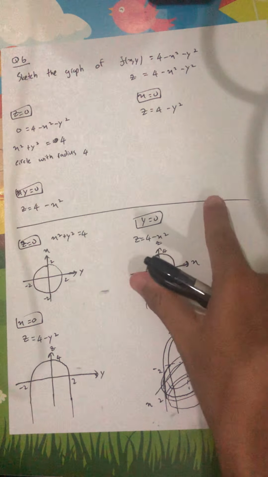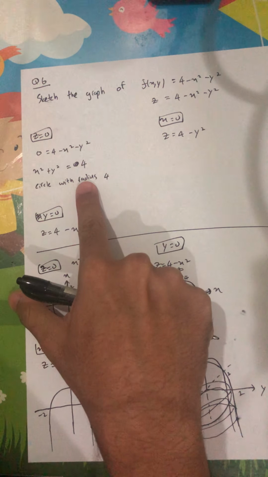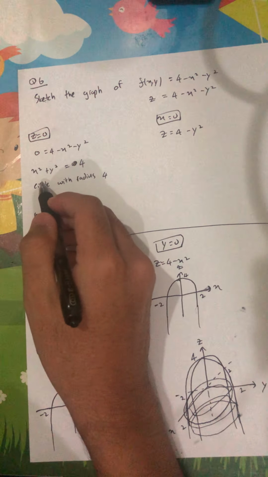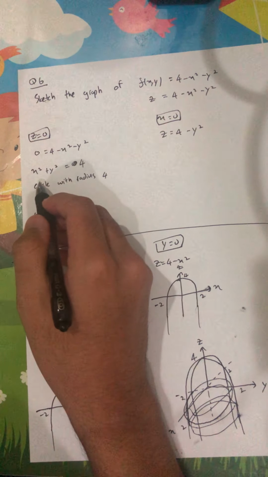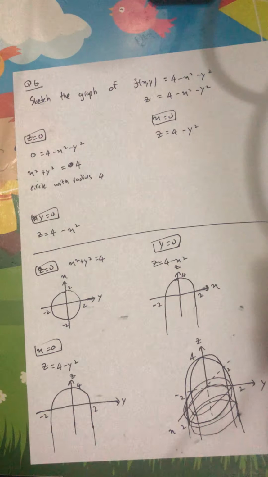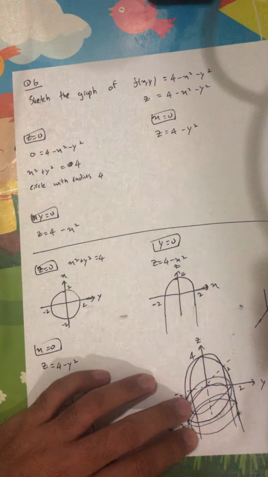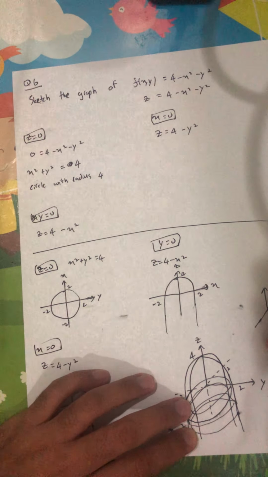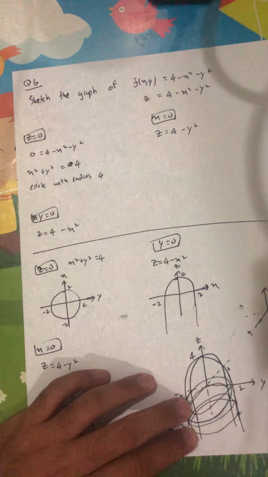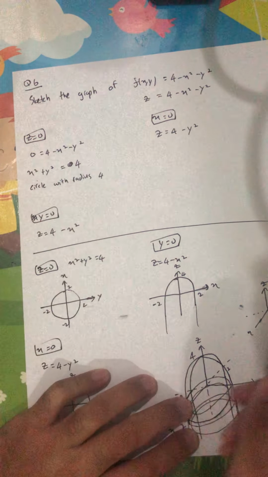Another way, you can plug in values manually here, but you get the same thing. For example, you plug in at x equal to 0, y equal to y, and I'll just show you randomly, let's say at z equal to 0.